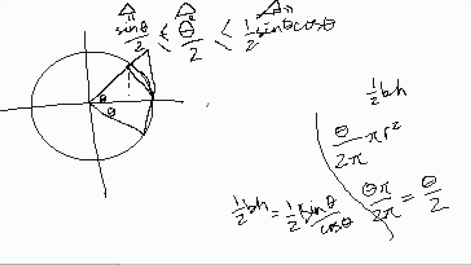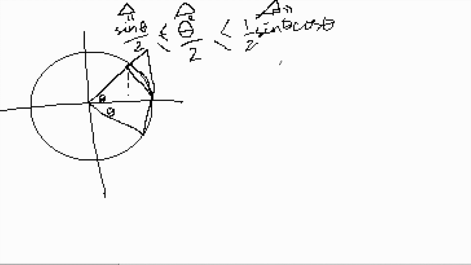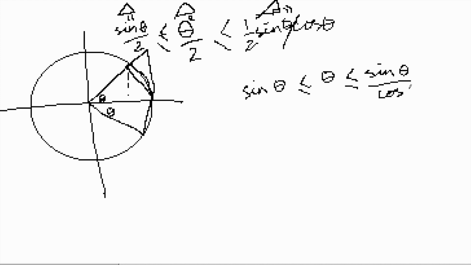So these are all being divided by half, so we can reconvert this into sine theta smaller than or equal to theta smaller than or equal to sine theta over cos theta.